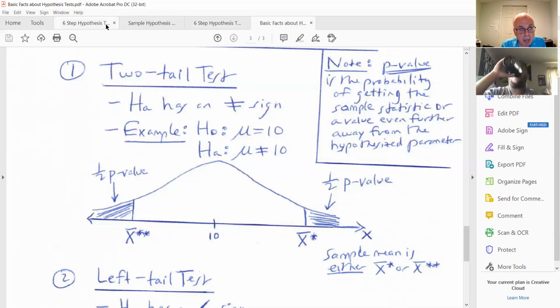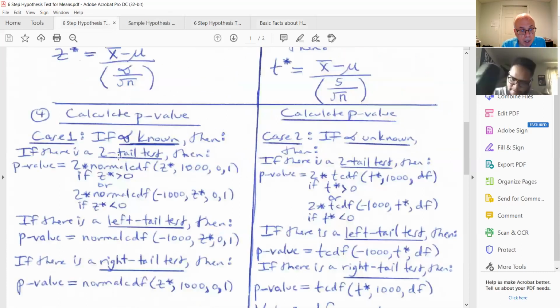All right, so let's go back to where we were. If sigma is known, and we're going to use the z statistic, then our p-value is going to be 2 times, and we're going to use normal CDF with our calculator. If z star is bigger than 0, remember, when we convert to a z, we now are in the world of the standard normal with a mean of 0, standard deviation of 1.